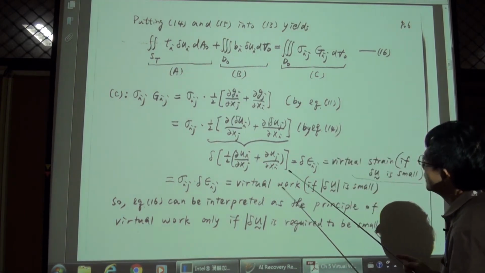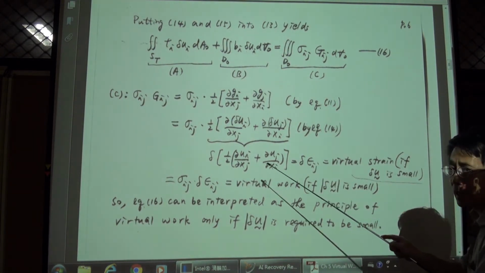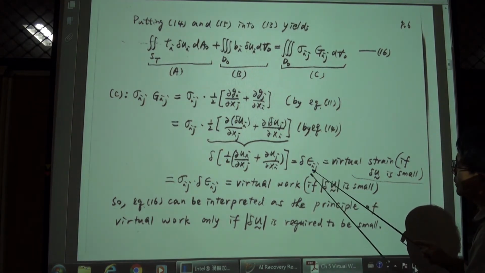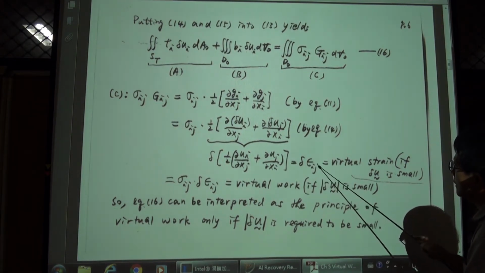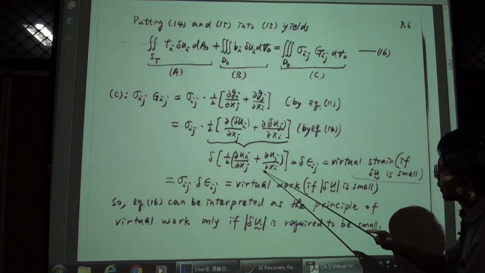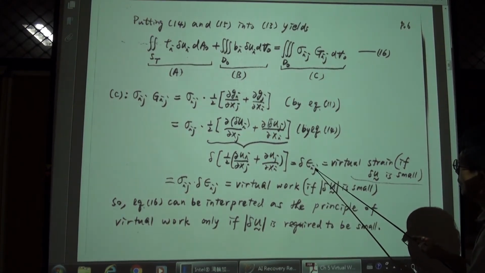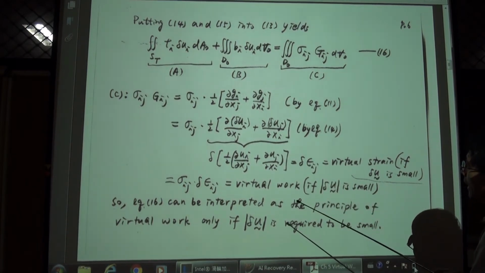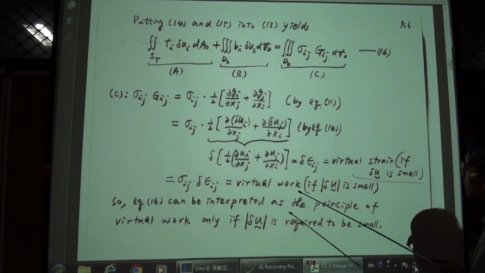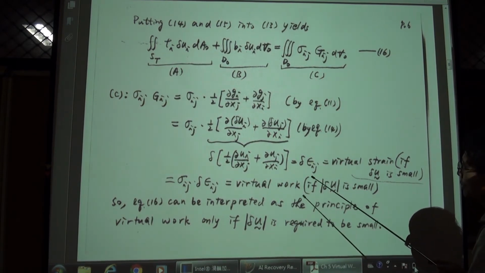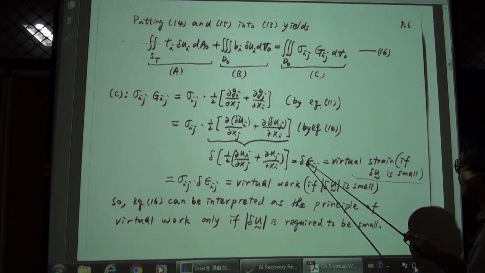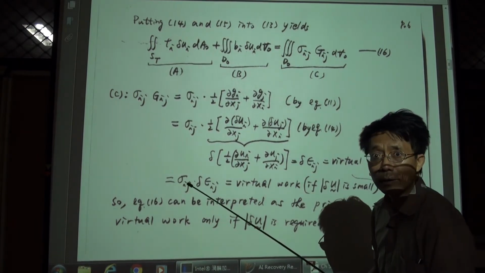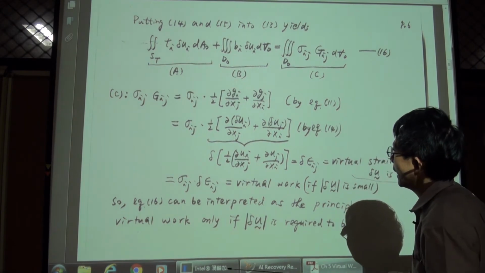So the same reasoning still applies here. We say that this is the classical strain. So if delta ui is very, very large, then mathematically this still holds, but we cannot say that this is the strain. Understand?